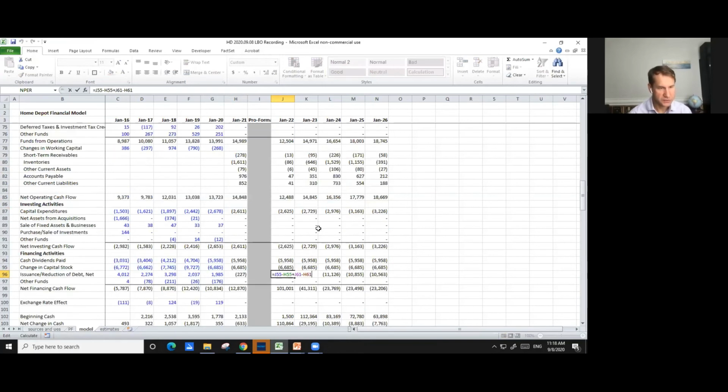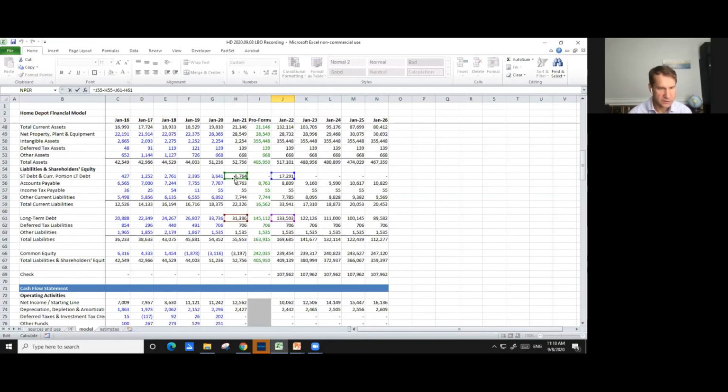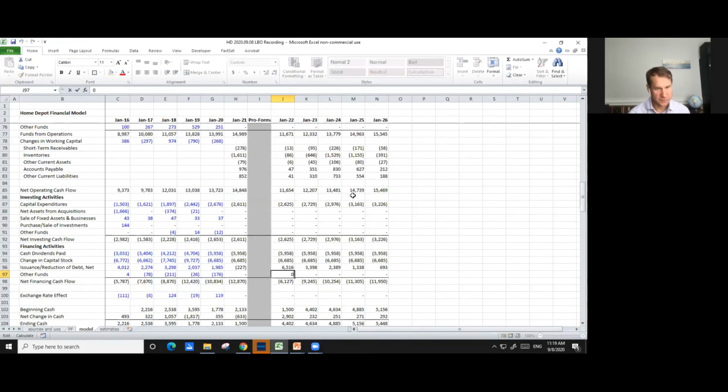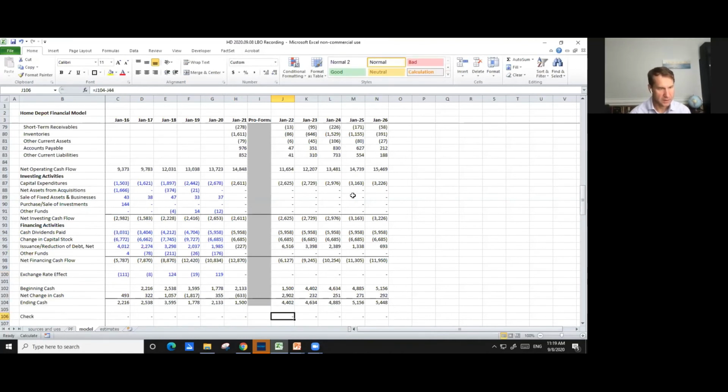And then issuance reduction in net debt. So this needs to be adjusted. Other funds were 0. Beginning cash.